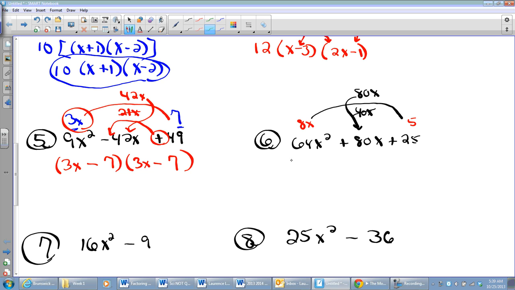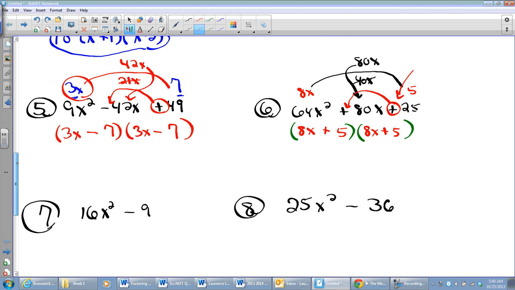All right, so I take my two quantities, and this is so simple. The 8x becomes my firsts. The 5 becomes my lasts. Since it's positive, I use this sign twice. Are you thinking, what happens if it's negative? Well, then it's not a perfect square trinomial. Okay? It won't work. It's got to be positive in the back.